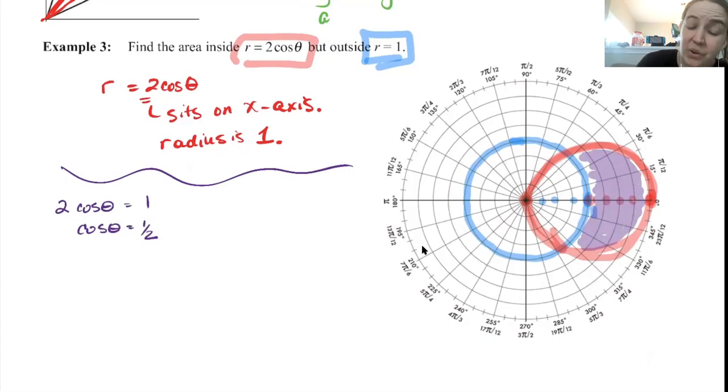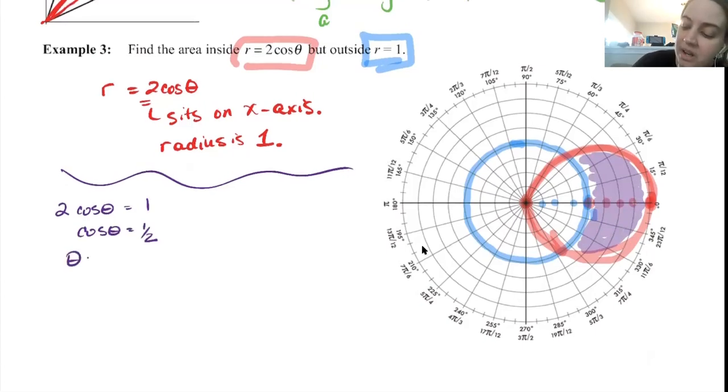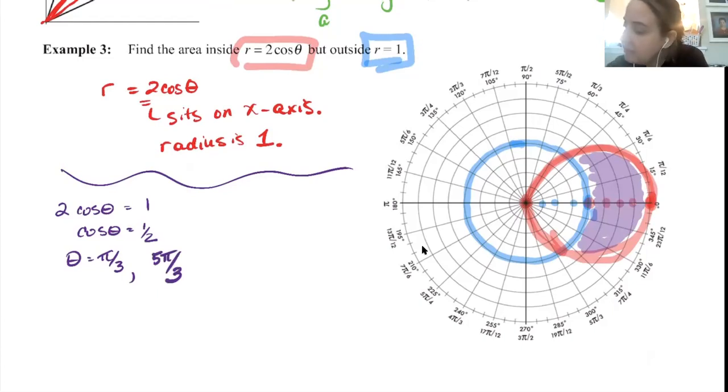Think of your unit circle. Where does that happen? That happens at pi over 3, and it happens at, go all the way around, all the way down here, 5 pi over 3. But I have an issue with that. Pi over 3 is over here. My circles are a little bit short.